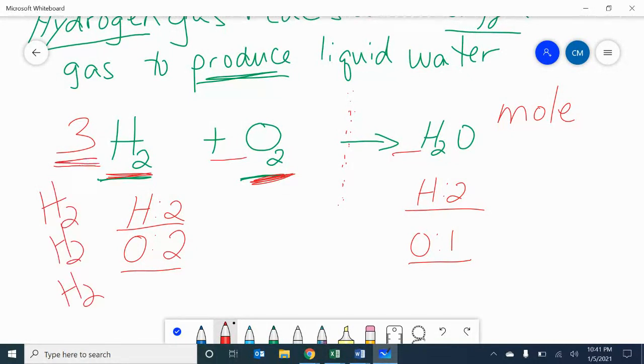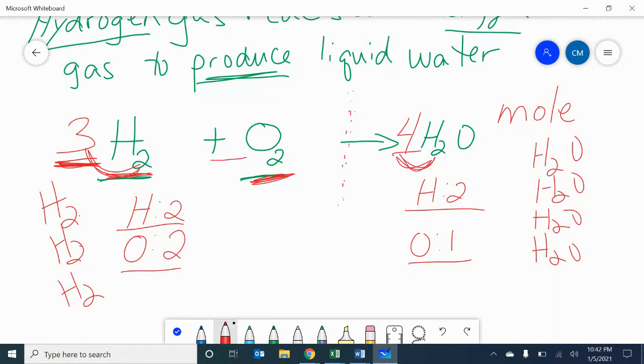I've got 3 moles of it, 3 amounts of it, so that's 2, 4, 6. Or 3 times 2 is 6. So I would really have 6 H's. If it's a compound, like over here, if this were a 4, that means I've got 4 waters. H2O, H2O, H2O, H2O. So 4 times 2 is 8, which is 2, 4, 6, 8. There's 8 of them. And 4 times 1 is 4. 1, 2, 3, 4 O's. All right, it affects the whole thing.